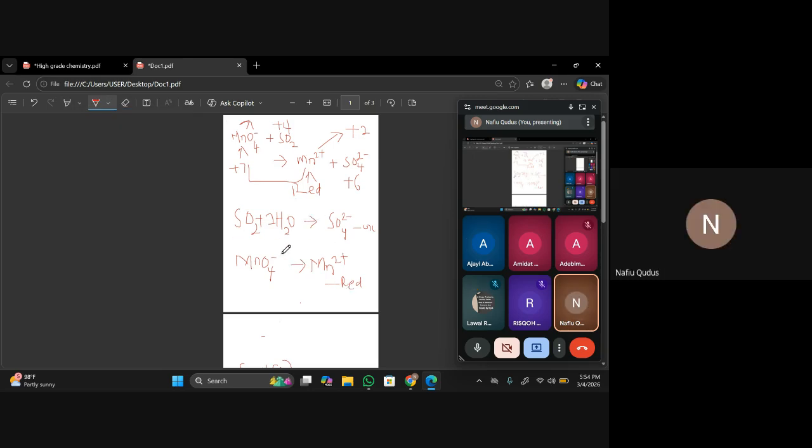Now if you check, we have 1 sulfur here, 2 oxygen with 2 making it 4, and we have 4 oxygen as well. But at this side we have hydrogen, and we did not have it at the other side. So we need to balance the hydrogen atoms. How many hydrogen atoms do we have here? 4.